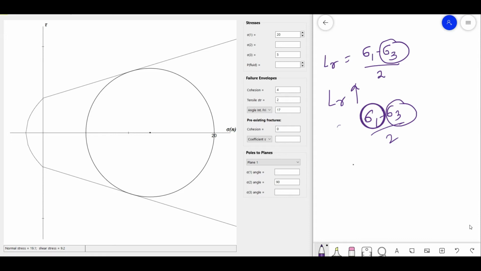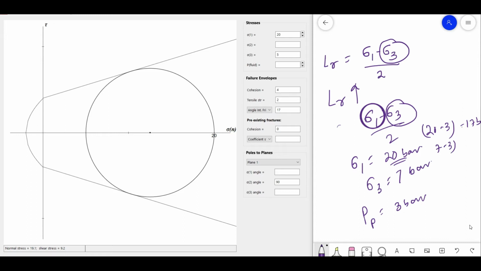That means if we have sigma 1 of 20, not megapascal, maybe bar, and sigma 3 maybe something like 7 bar, and we have a pore fluid pressure of like 3 bar, then we can expect 20 minus 3, that is 17 bar, and 7 minus 3, that is 4 bar.